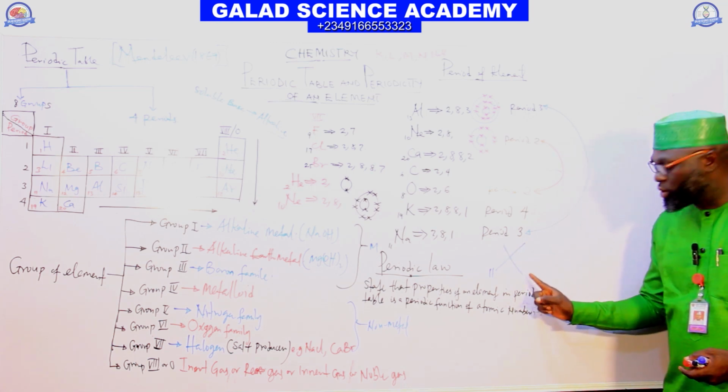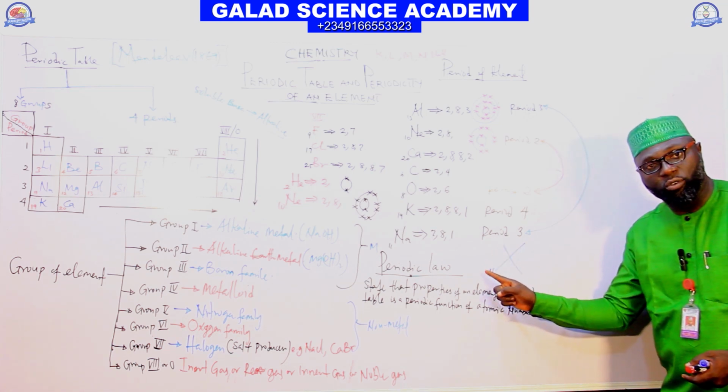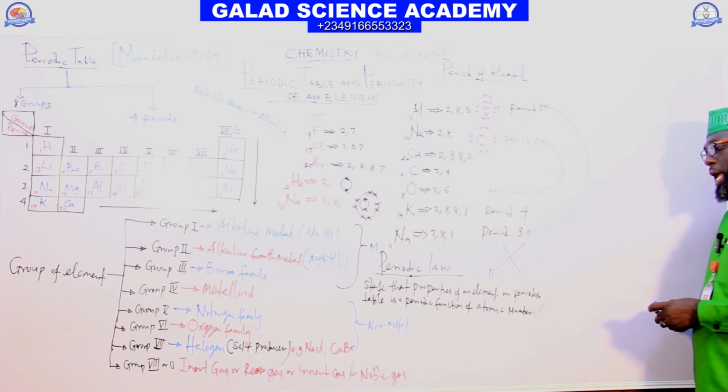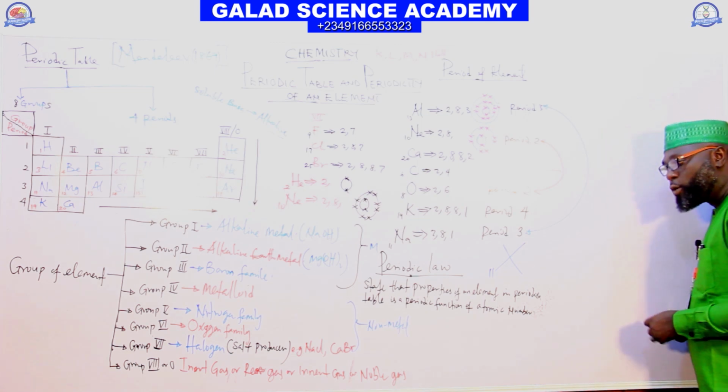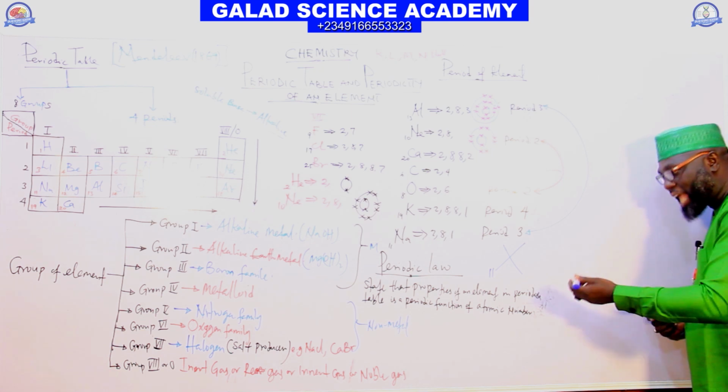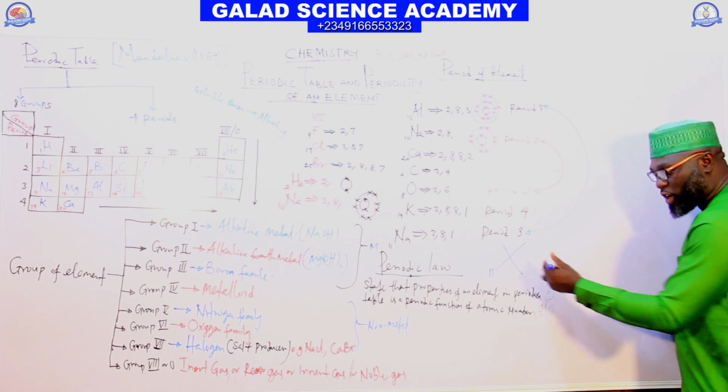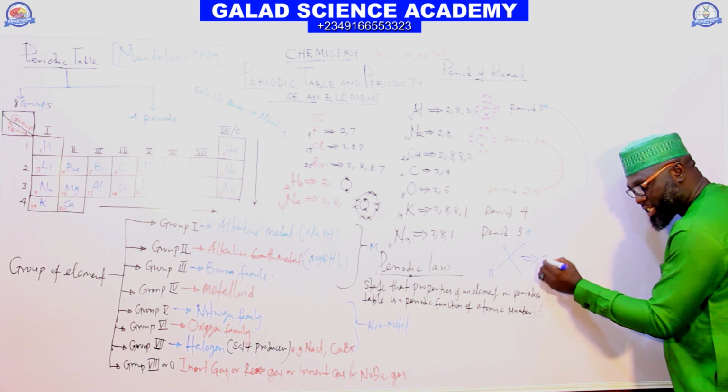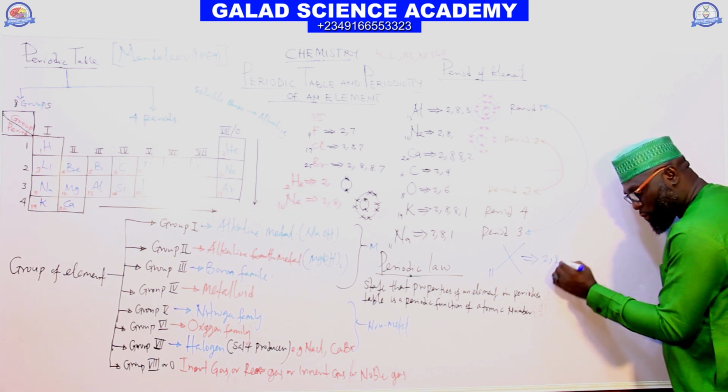The first thing you do is write out the electronic configuration of X: 2, 8, 1.